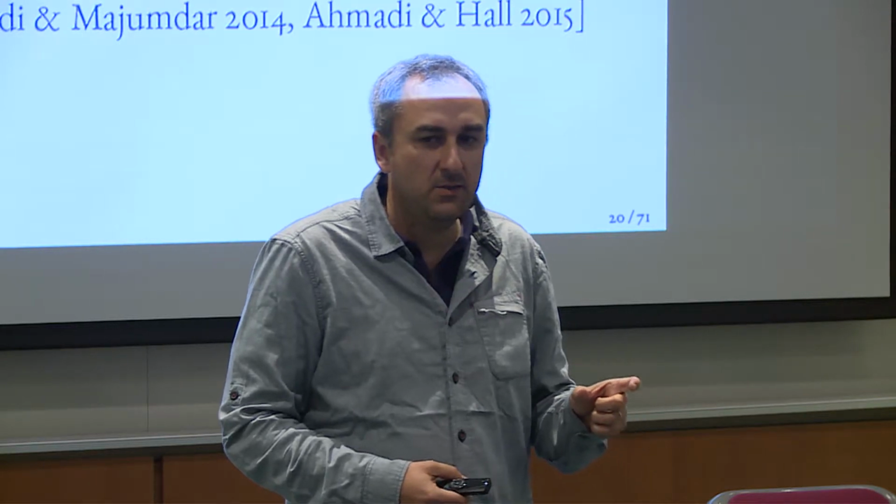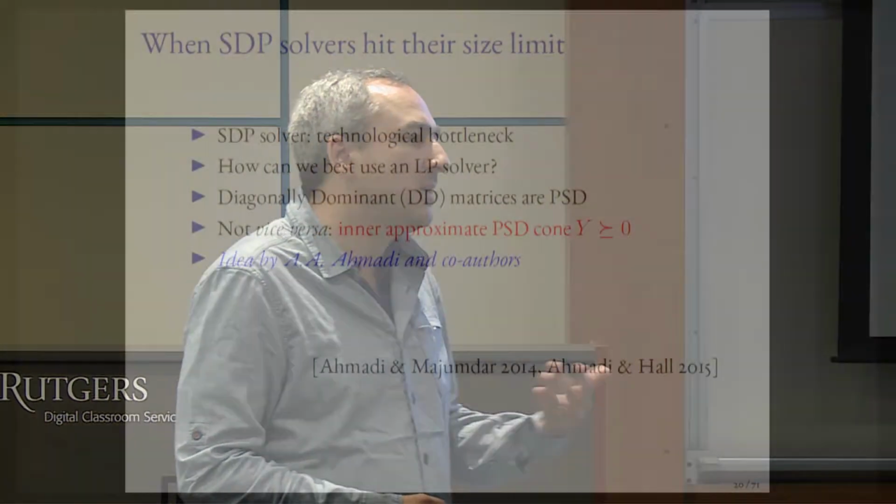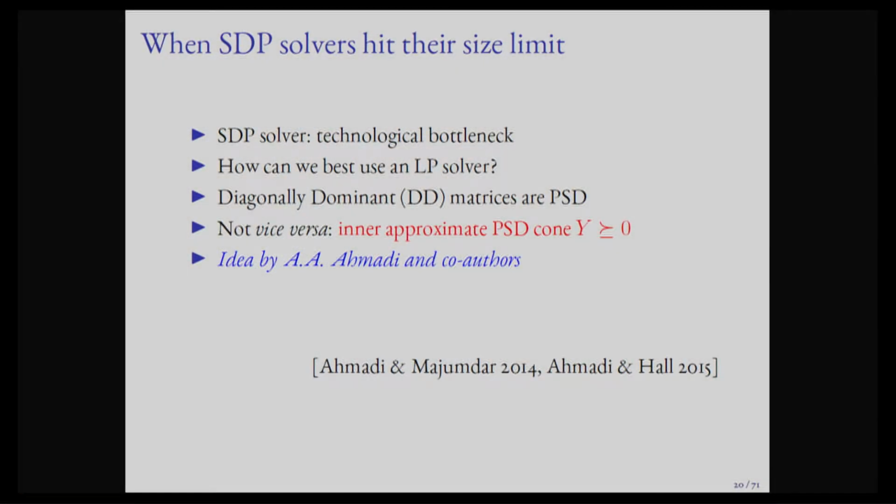Okay? So in fact, when we started from n variables, now we have n squared variables. It's a lot more variables. And SDP solvers, unfortunately, have a size limit, meaning they increase their complexity like n cubed. There are many algorithms that grow like n cubed, but we use them successfully with thousands of entities. Well, SDP doesn't seem to be one of those cases.